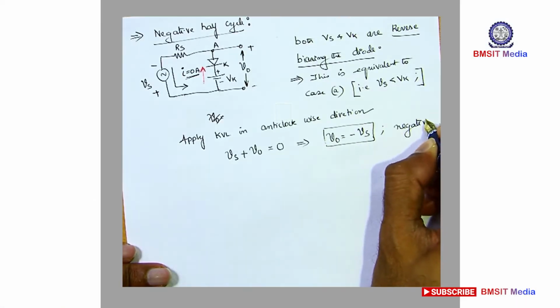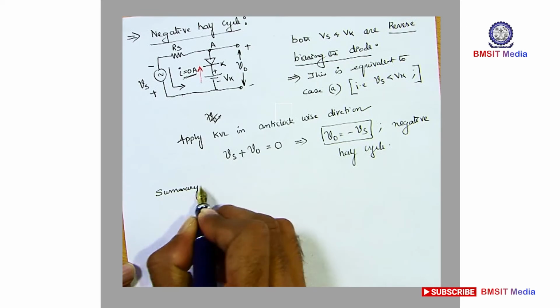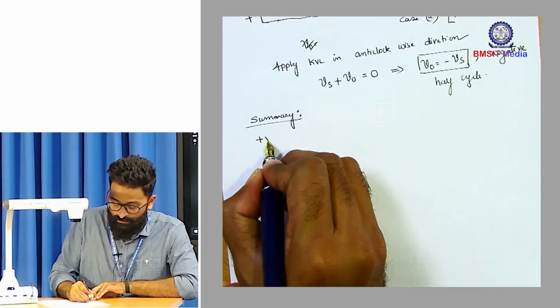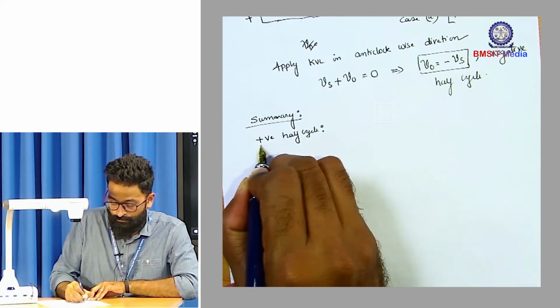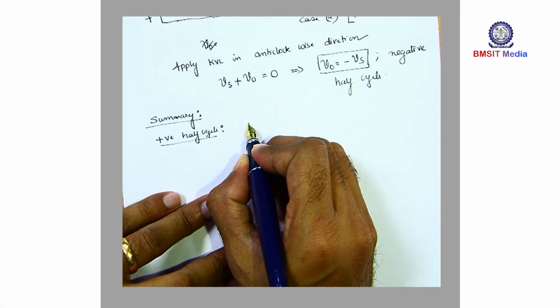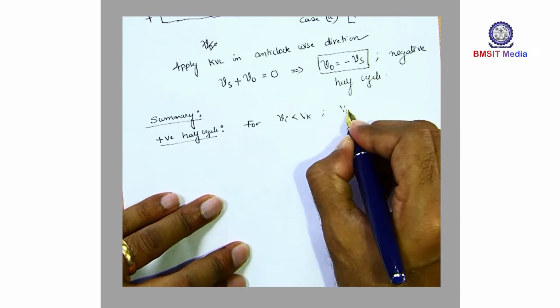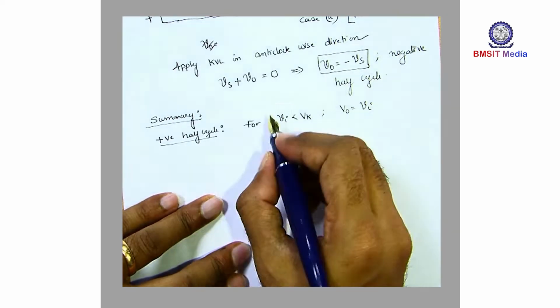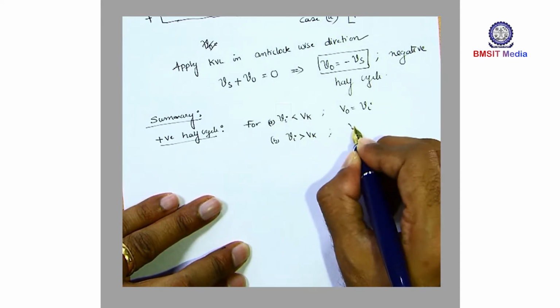So negative half cycle. So in summary, what we can conclude is that during positive half cycle, for input less than Vk, output is equal to input, and for input greater than Vk, output is equal to Vk.